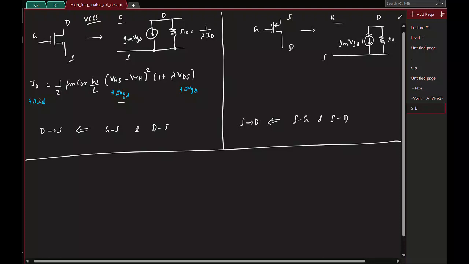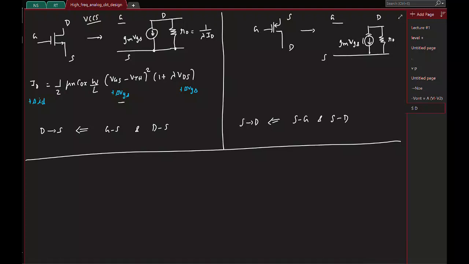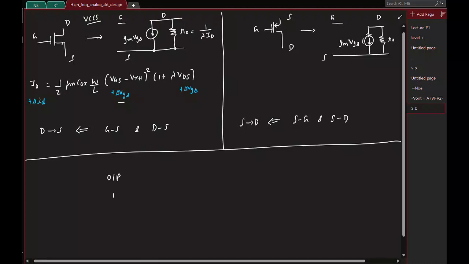So now that you know MOSFETs respond to voltages applied between gate and source, and we have an output between drain and source, that is, current flows from drain to source in response to input voltage applied between gate and source.